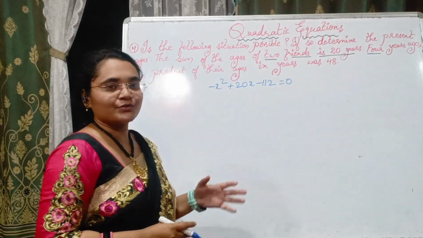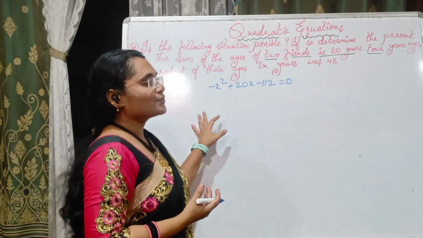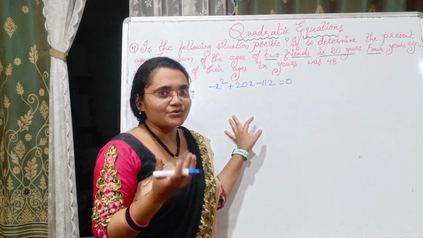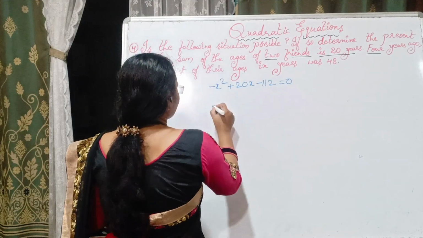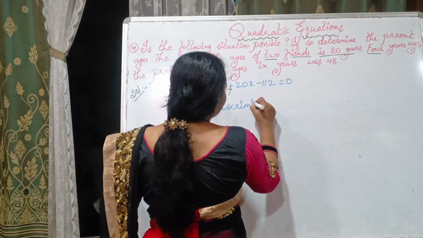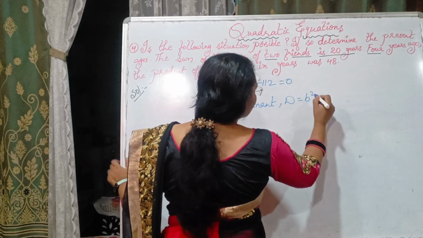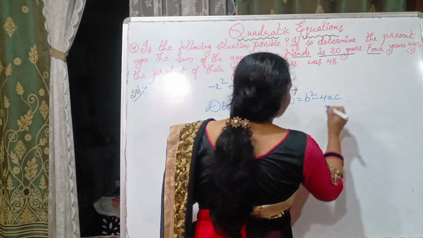We can find the values, in the sense the roots, students, by using the discriminant formula. A small explanation I want to give to you so that you will understand the remaining problems also, how to do it. Discriminant is denoted with the letter D or delta. So the formula is D is equal to b square minus 4ac.